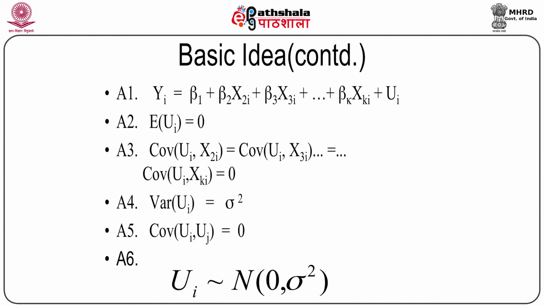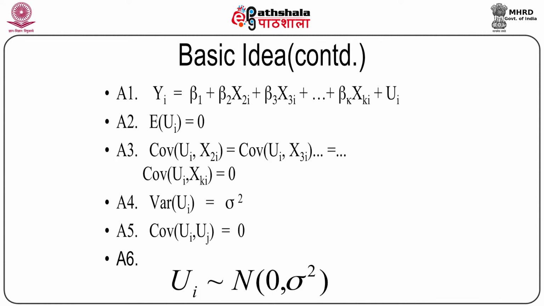Let us consider the multivariate regression model yi equal to beta 1 plus beta 2 x2i plus beta 3 x3i plus ... plus beta k xki plus ui, where expectation of the error term ui is equal to 0, covariance between ui and x2i, covariance between ui and x3i, similarly covariance between ui and xki, all are 0.